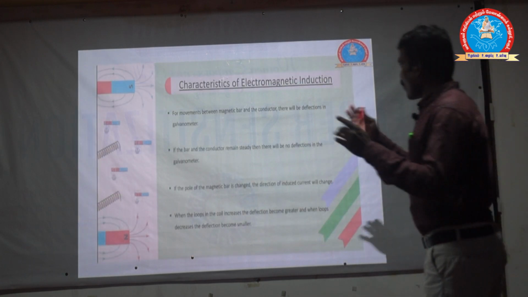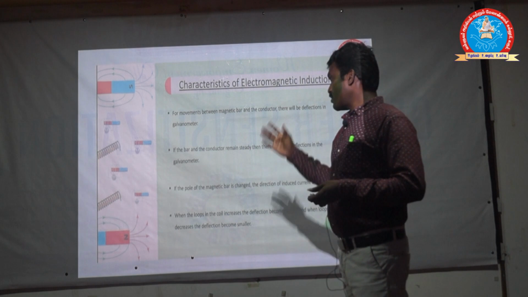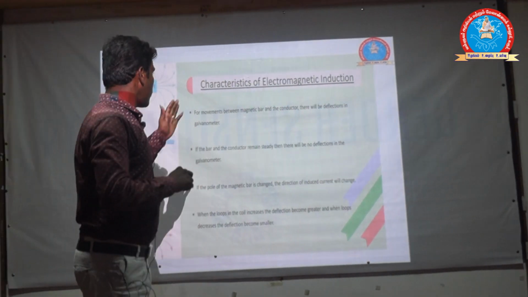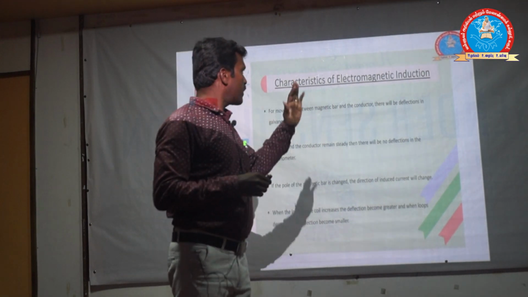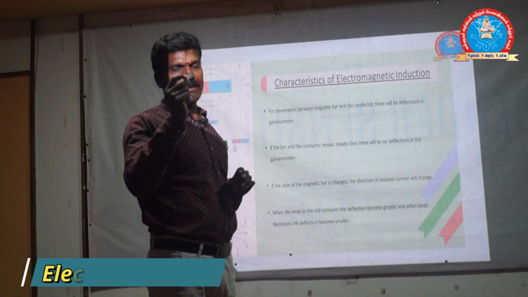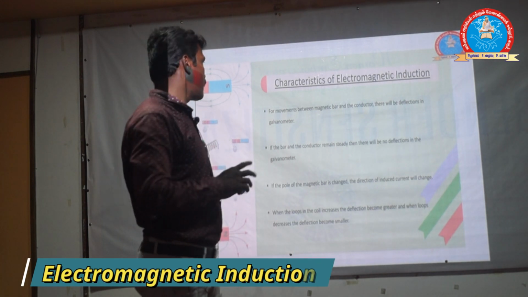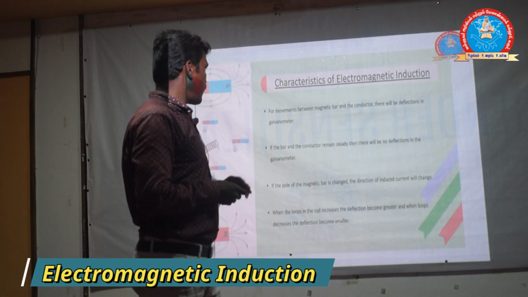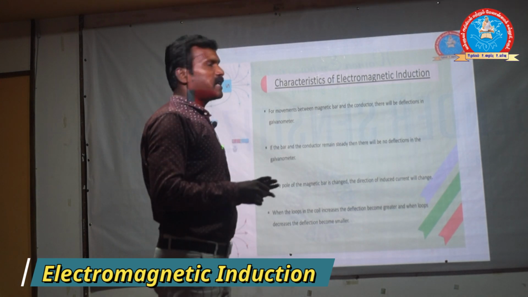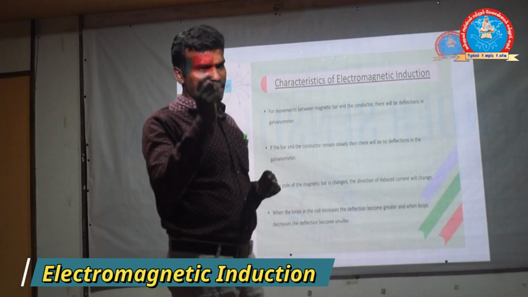So, characteristics of electromagnetic induction. With movement between the magnetic bar and the conductor, there will be a deflection in the galvanometer because of the production of electromotive force. If the bar and the conductor remain steady, there will be no deflection in the galvanometer. What is a galvanometer?